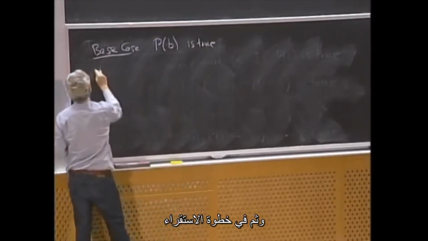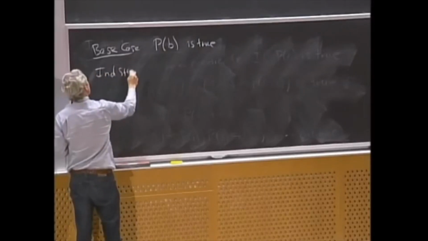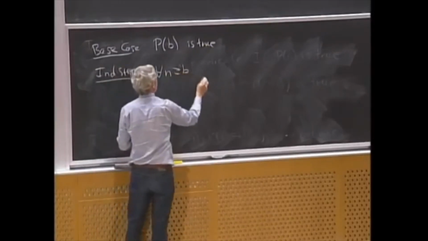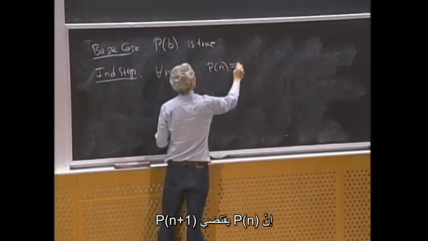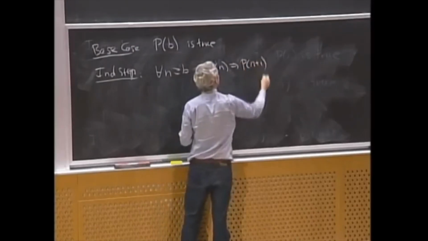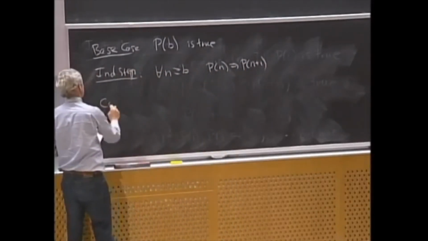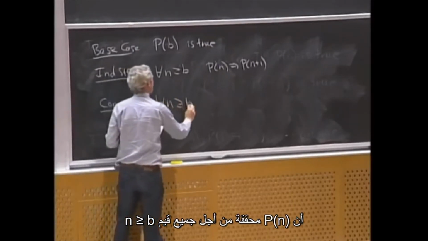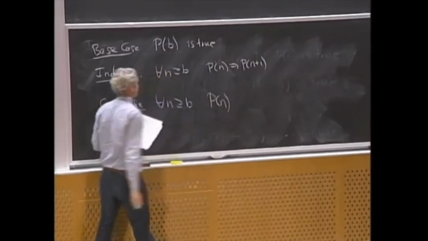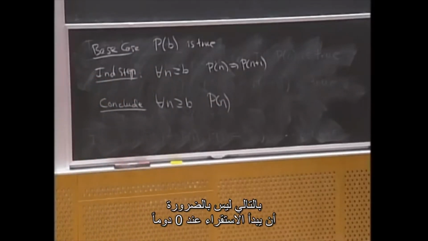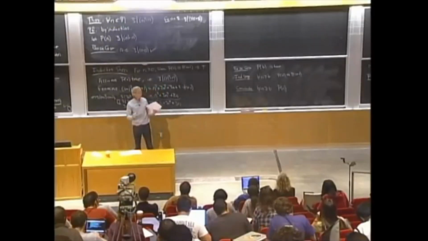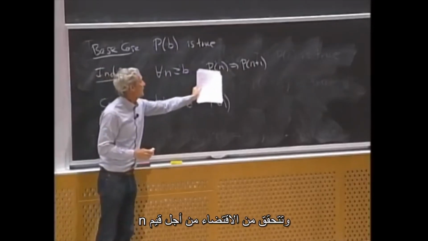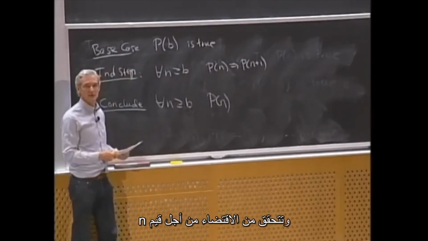And then for your induction step, you would have, for all n bigger than or equal to b, Pn implies Pn plus 1. And then your conclusion is that for all n bigger than or equal to b, Pn is true. So inductions don't always have to start at 0. You can pick where you start. Just make sure that you verify the starting point and you verify the implication for all n at that starting point and beyond.